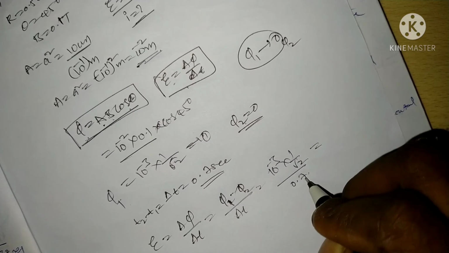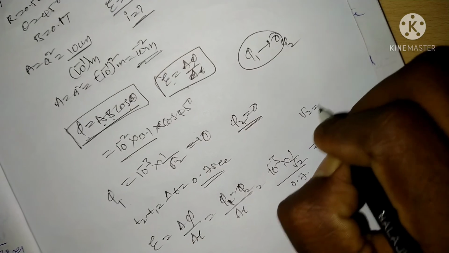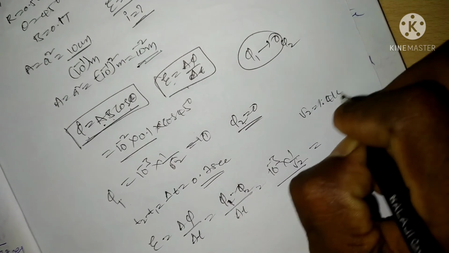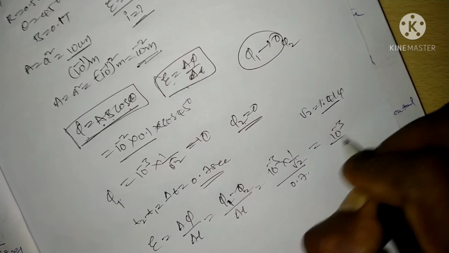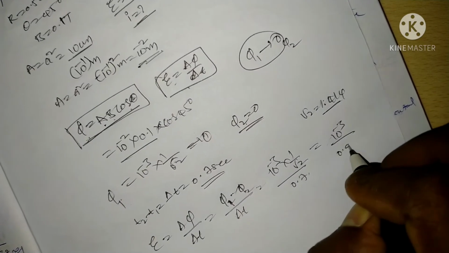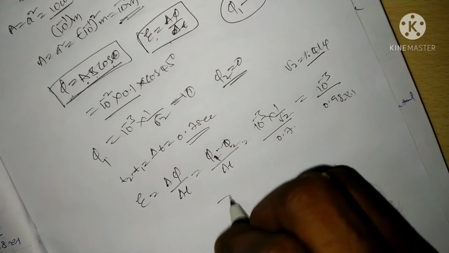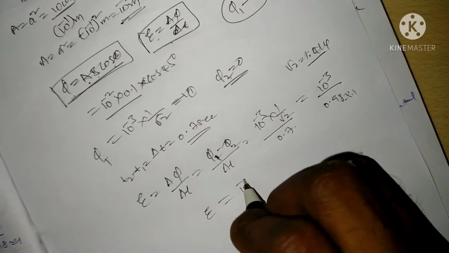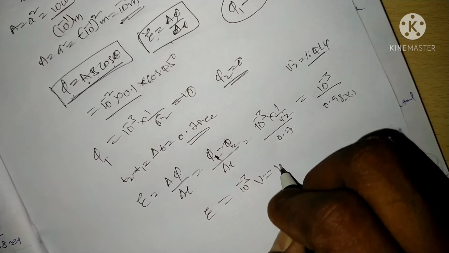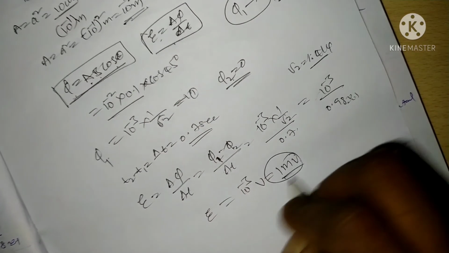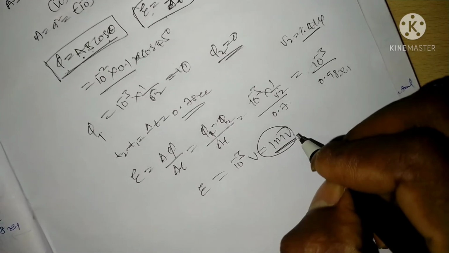Root 2 value is 1.414. Substituting, we get 10 to the power of -3 by 0.98, which is approximately 1. So the induced EMF is 10 to the power of -3 volts, that is 1 millivolt.